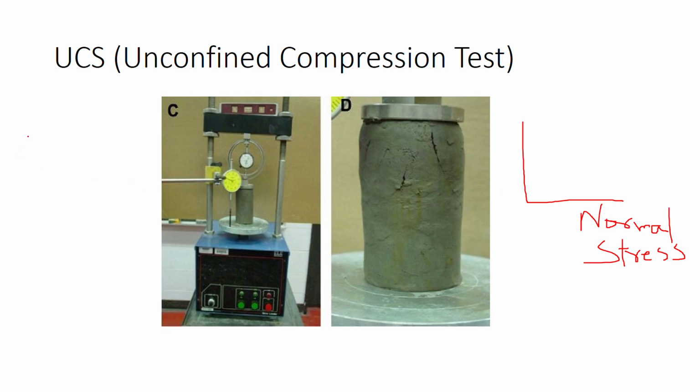As this is your soil sample, the force comes from this direction and this direction, which is sigma 1, and from that direction is sigma 3, which is the confining pressure, and it is 0.